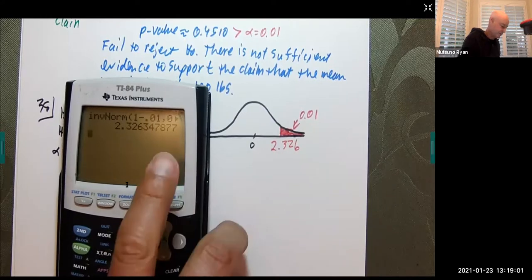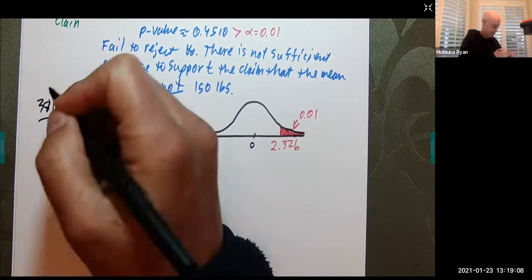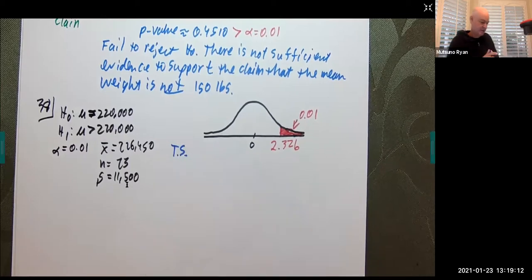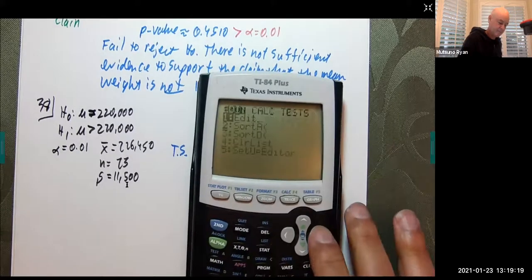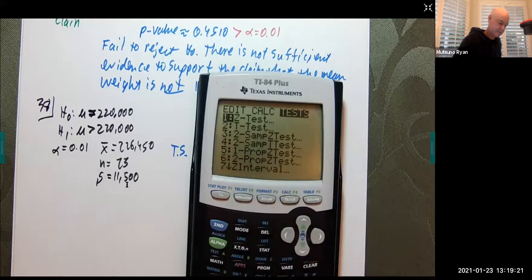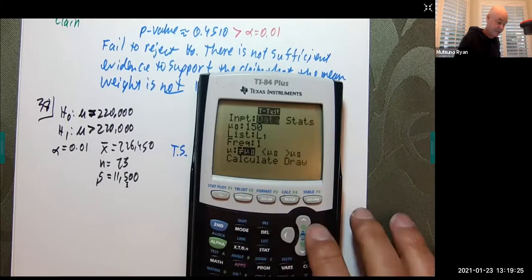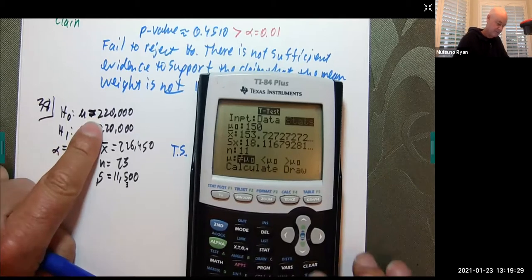And let's find the test statistic now. This is an 8. So our test statistic is going to be, this is again, a t-test. And I definitely don't have data in this case. I have stats. So the mu in this case is 220,000.